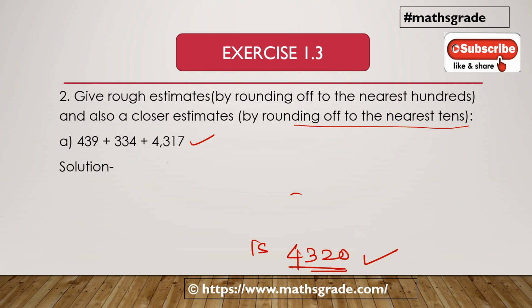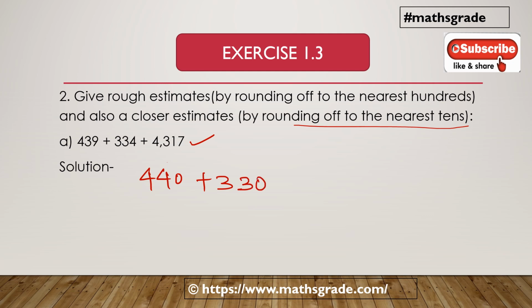Now we estimate this sum, that is 439 plus 334 plus 4,317. We rounded off 439 to the nearest 10 and got 440, 334 rounded off to the nearest 10 we got 330, and 4,317 rounded off to the nearest 10 we got 4,320.